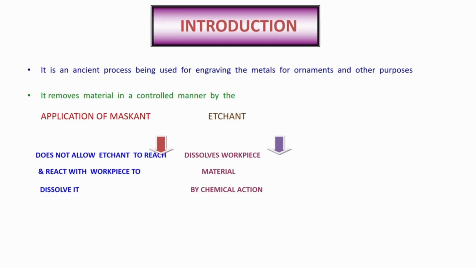A maskant is a layer of chemical resistant material which does not allow the etchant or chemical to reach the workpiece surface and dissolve it. The etchant is used for dissolving this material, for machining purposes. It dissolves the workpiece material by chemical reaction.